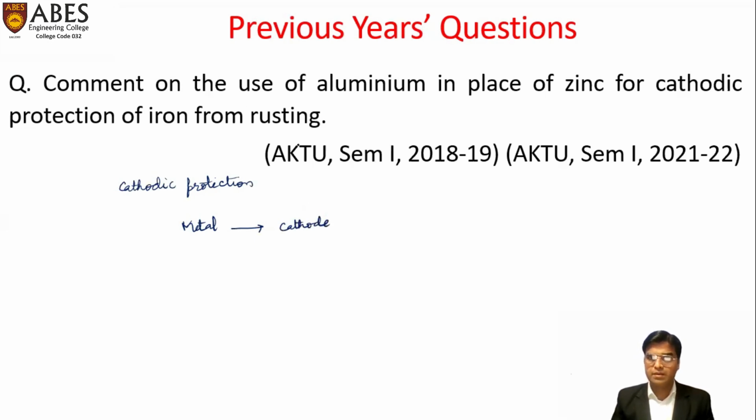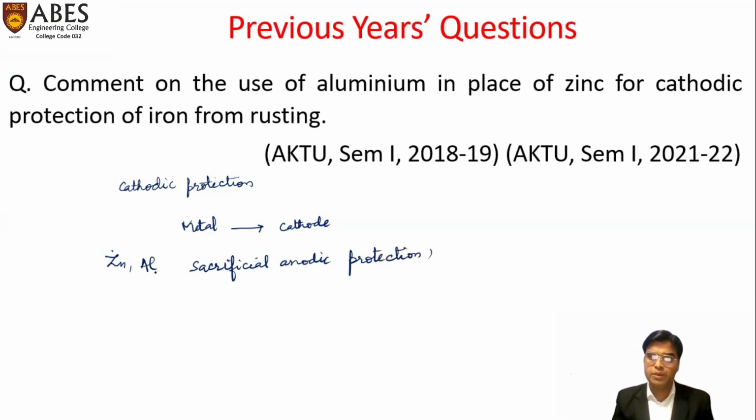It is done by placing a more anodic metal which works as anode and the base structure works as cathode. So we can use the zinc here and we can also use aluminium here. Zinc and aluminium both can be used for sacrificial anodic protection.